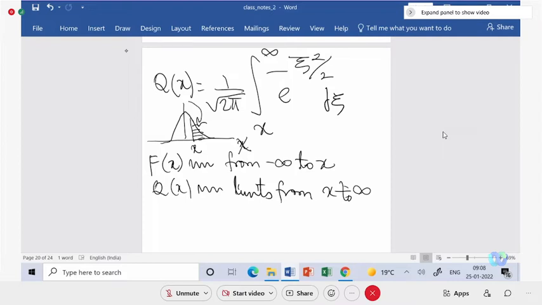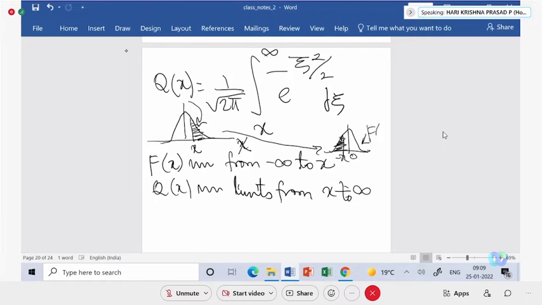Now the question is, how do I relate q of x and f of x? In the earlier discussion, this area is nothing but, what was the argument we have presented? It is f of minus x. Area under minus infinity to minus x. And how did we represent this?